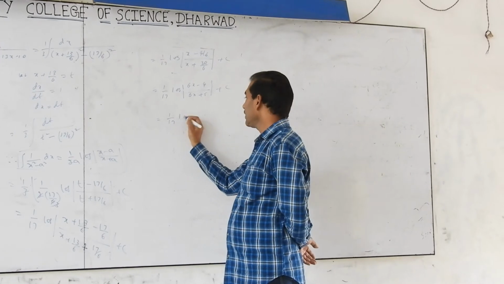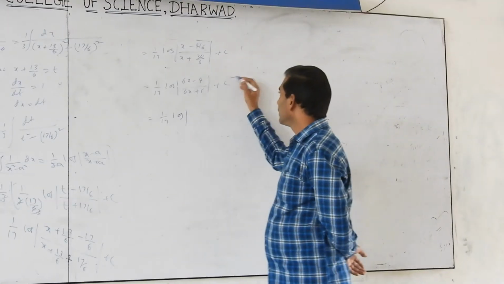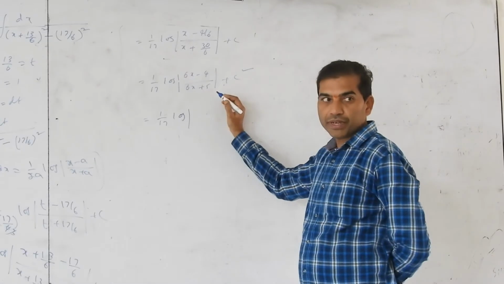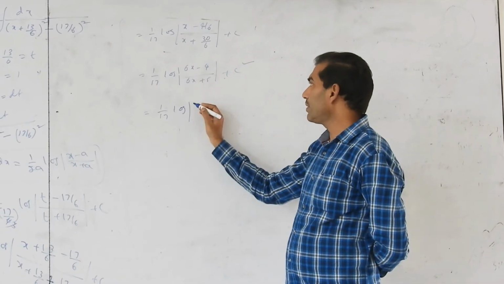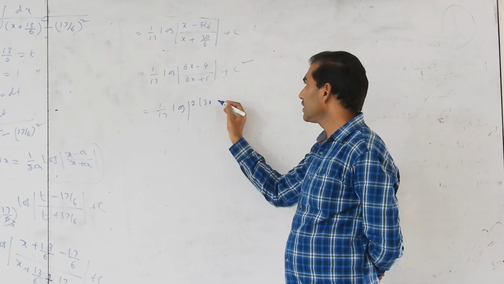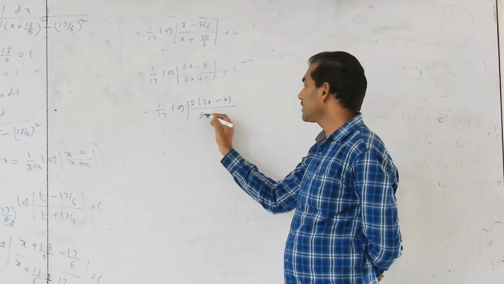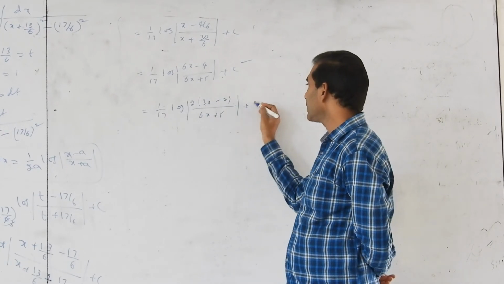Here 1 by 17 log of this is correct, but in competitive exams they give it in a different form also. If you take 2 common, we get (3x minus 2) by (6x plus 5) plus 6.